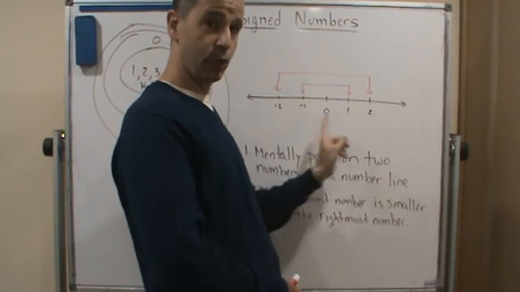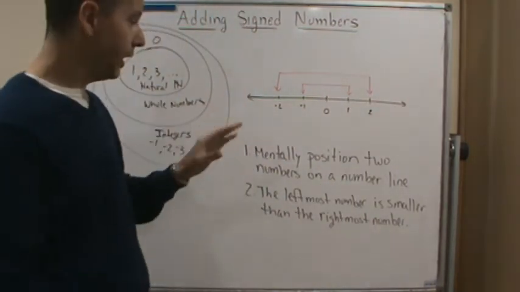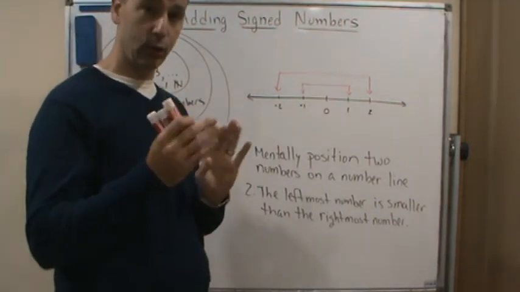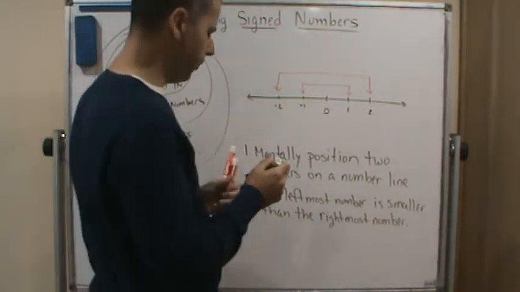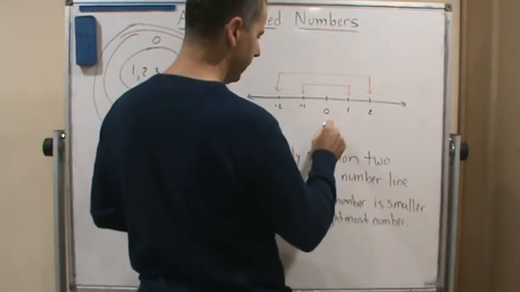If you go from left to right, it's always larger numbers, which gives us an idea of greater than or less than.